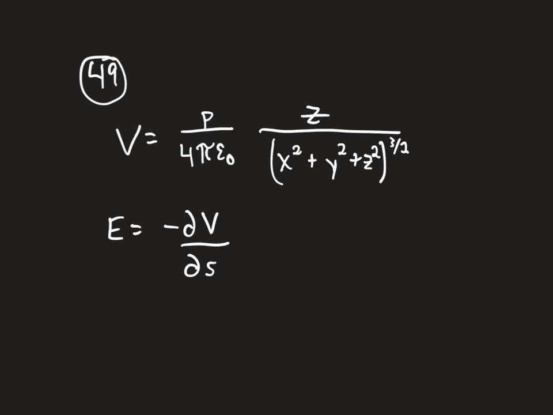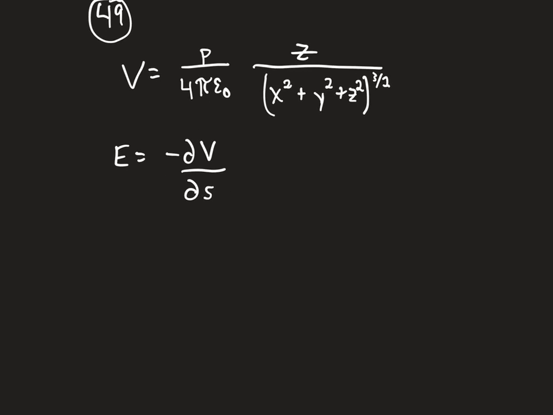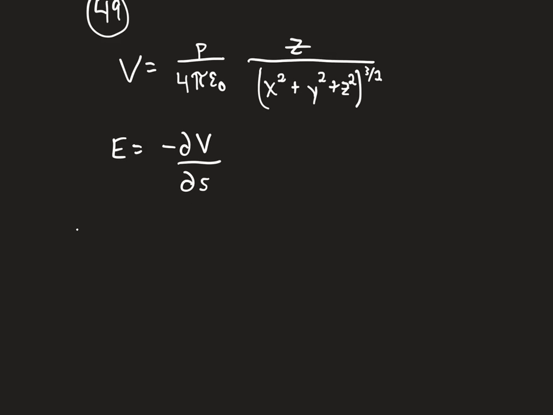Does anybody know? It makes your life much easier. So if I want to find the electric field that this potential creates in the x direction, then instead of doing the partial derivative with respect to all different directions, I do this negative dV, that curly d, dx.